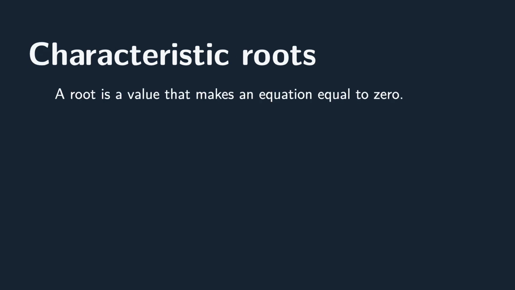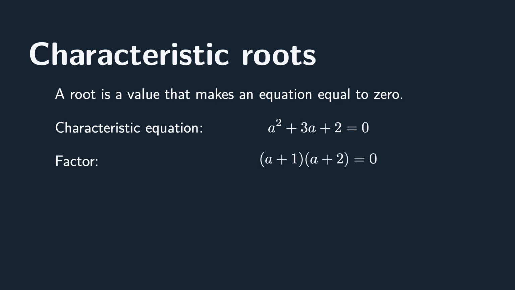A root is a value that makes an equation equal to 0. For the characteristic equation a squared plus 3a plus 2 equals 0, we factor the left-hand side into a plus 1 and a plus 2. So the roots are a equals minus 1 and a equals minus 2. In this context, the roots have a specific meaning.